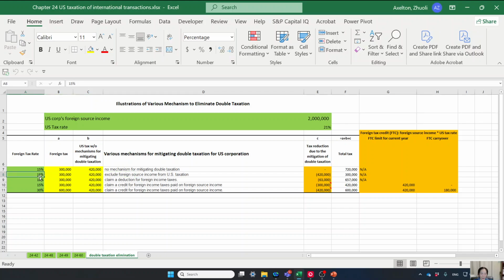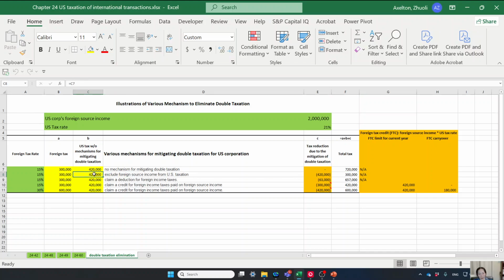So in this case, if the foreign tax is 15%, $300,000, and U.S. tax potentially is $420,000, if the U.S. corporation can exclude foreign source income from U.S. taxation, then they do not have to pay U.S. tax. All they're going to do is pay the foreign tax.